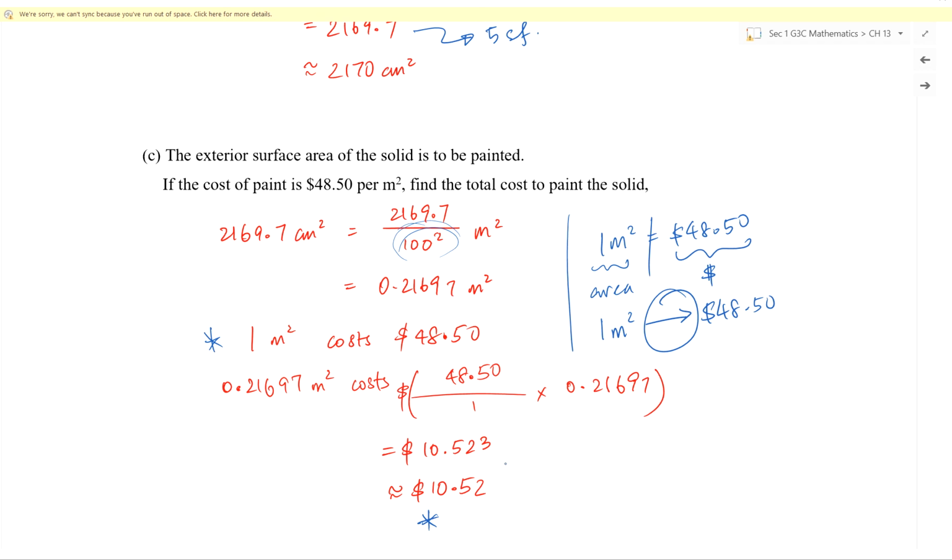If my food costs $10.52, they charge me $10.55, I'll be very unhappy. Will you be unhappy? Because they take away another 3 cents from you for nothing, right? So they'll round it down to $10.50. Okay? What happens if the price, suppose you go and have pizza, and it comes out to be $10.58?